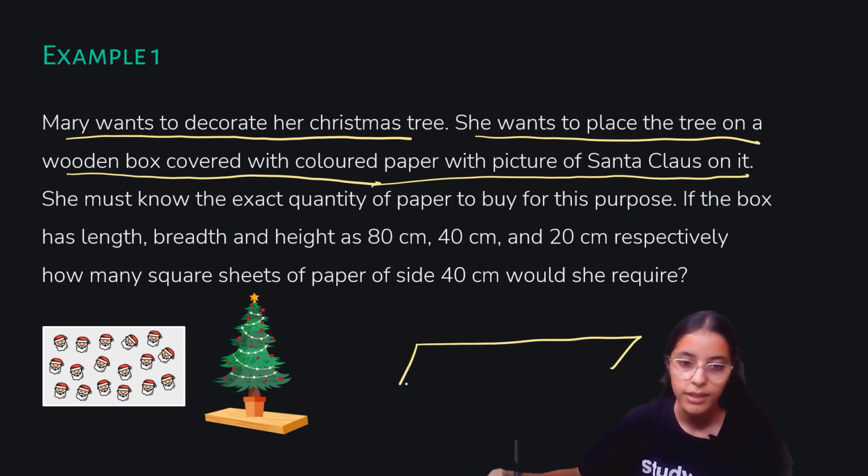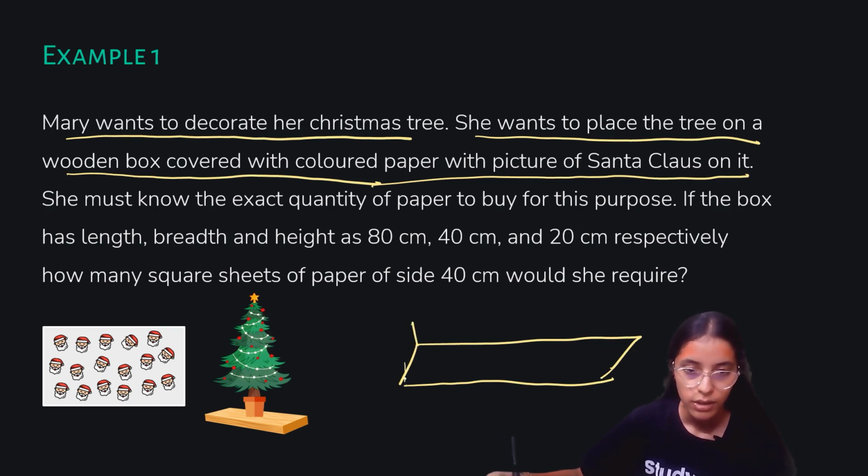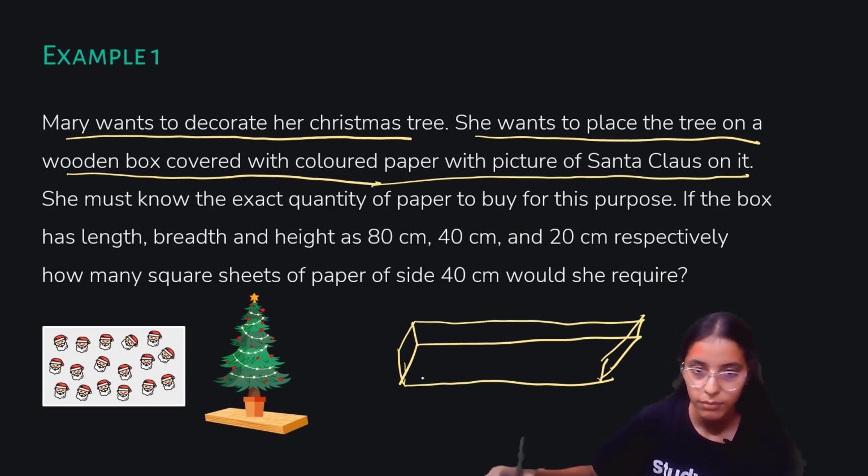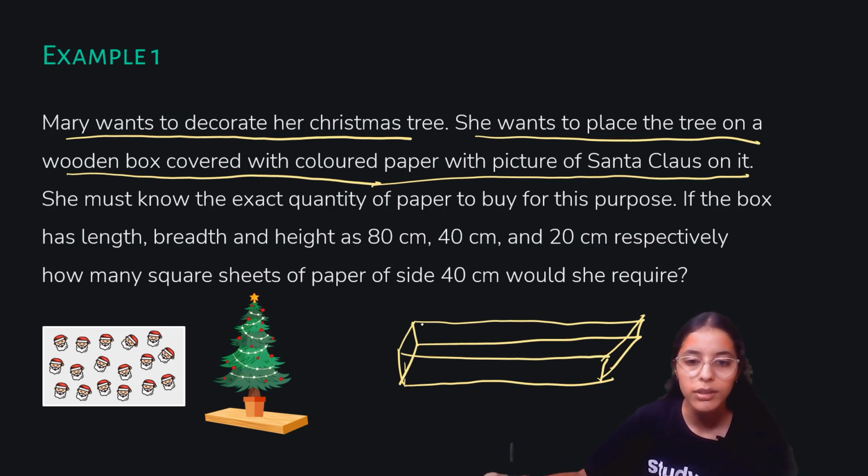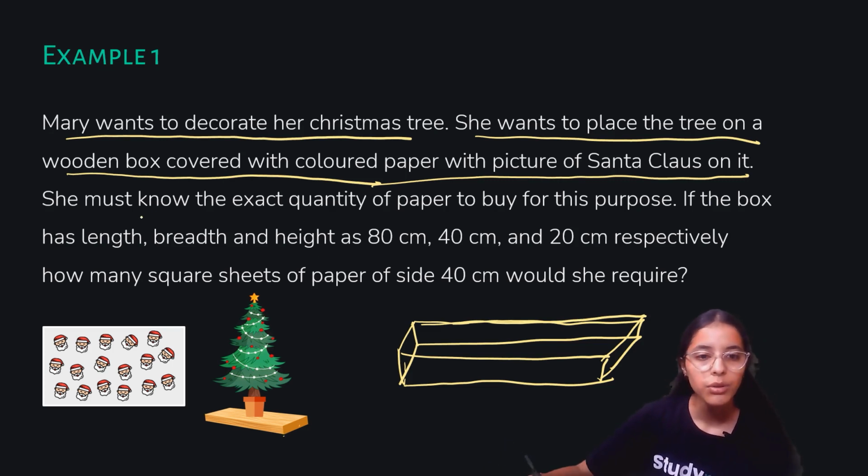Boxes are cuboid, right? So I'll just draw a cuboid. This would be my cuboid, and this is our wooden box. The line's not straight, but you get the idea, right? This is our wooden box.